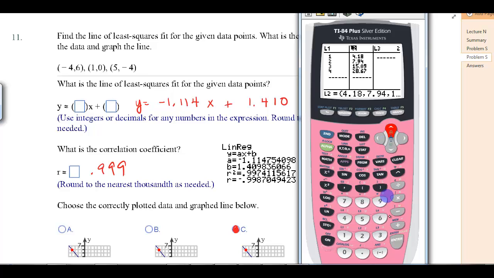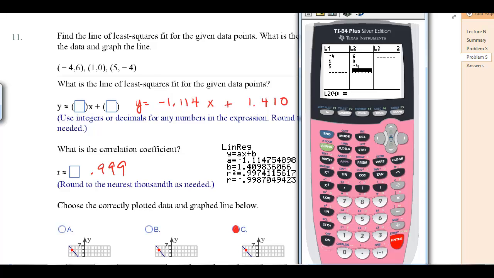Jump up on L2, hit clear and enter. Let's do the same thing over here. You don't want to hit delete because you'll get rid of the column completely. Clear and enter. All right, in L1 we're going to put our X values. So we're going to put -4, enter, 1, enter, 5, enter. All right, we'll go over here and put our Y values. So that'll be 6 and 0 and -4.